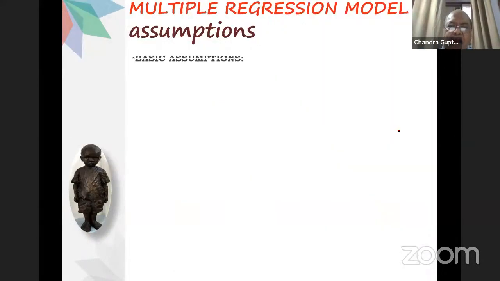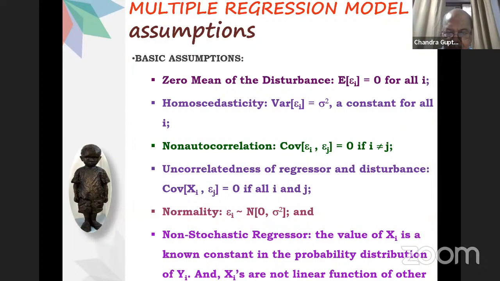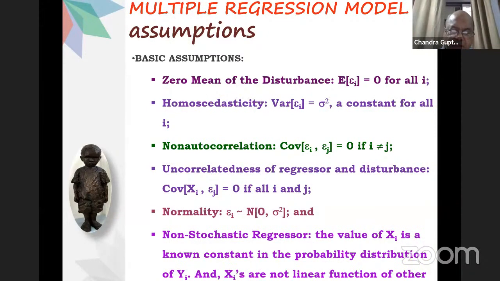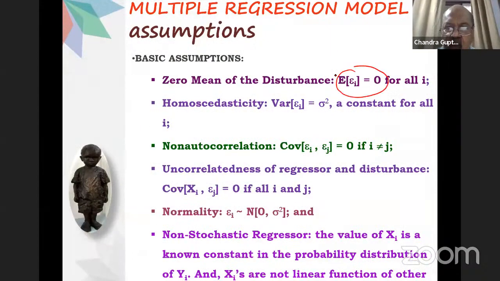We make by and large the same assumptions which we had for our simple classical regression model, except one. We are still assuming that the error term has zero mean. We are still assuming that the variance of the error term will be constant.